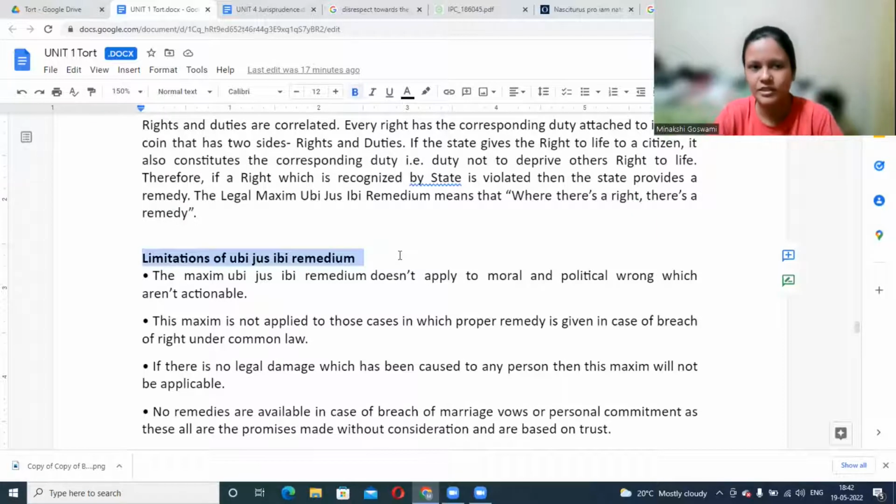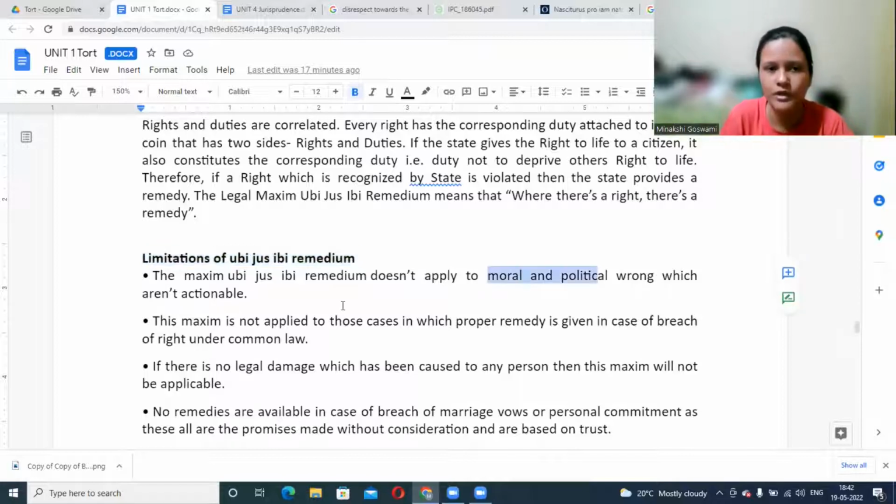Now we have the limitations of Ubi jus ibi remedium. This maxim does not apply to moral and political wrongs which are not actionable. If something is morally wrong, it applies to legal rights only.